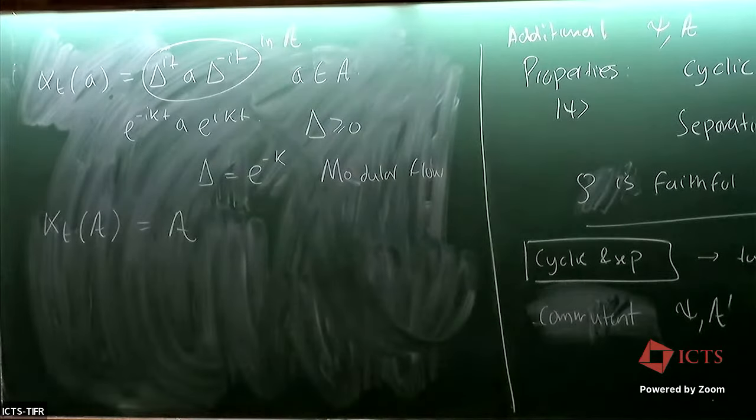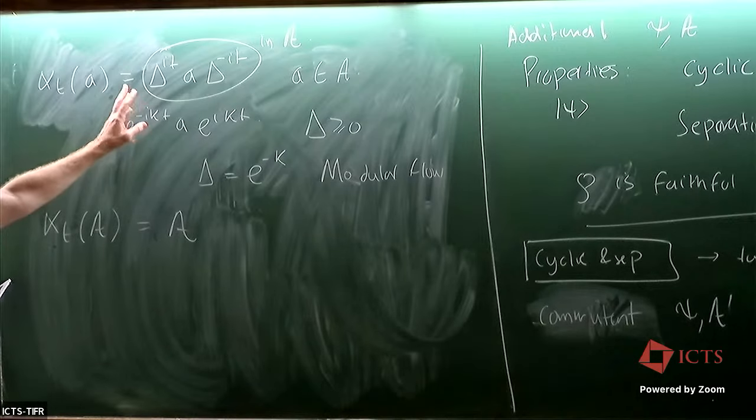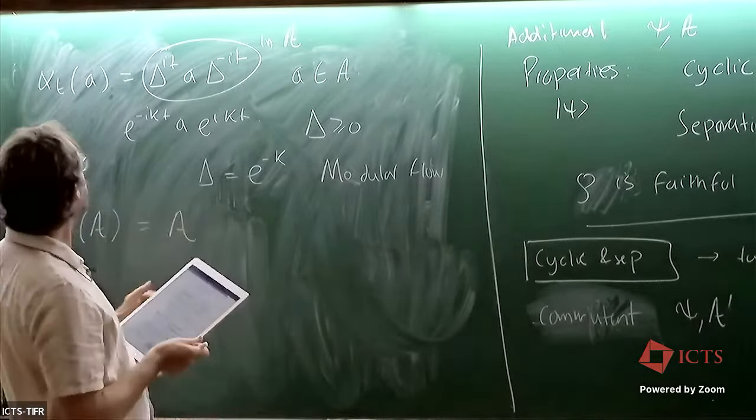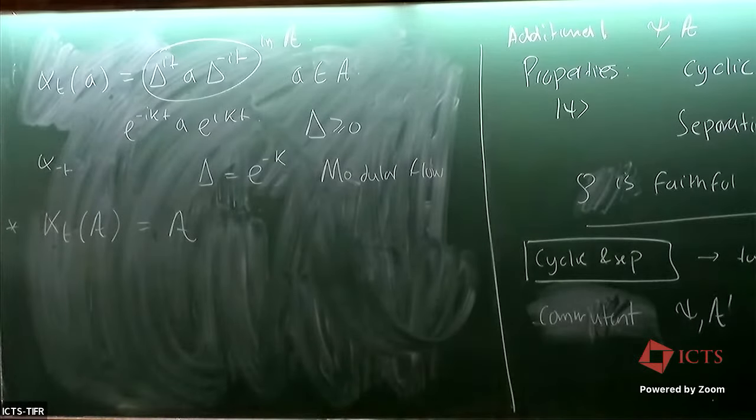Yeah, because it's an isomorphism, so I can invert it. So if I apply alpha minus t, that's the inverse. So that's why it's not a subset. Good question.